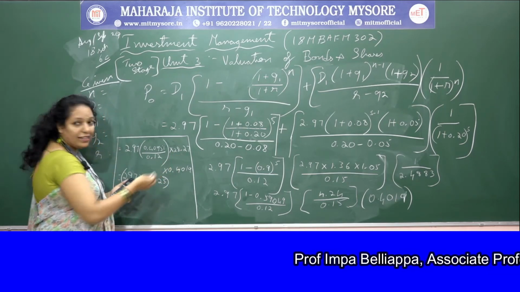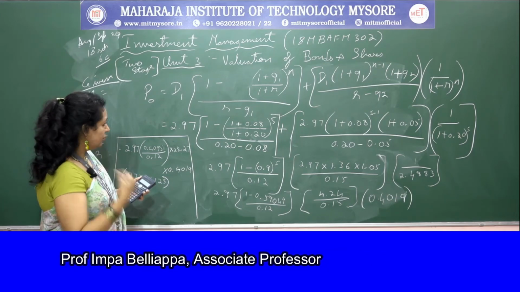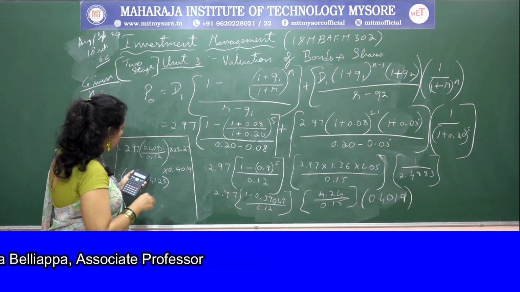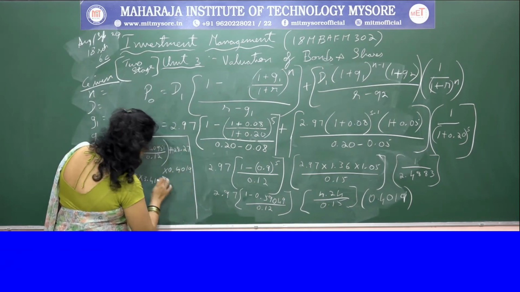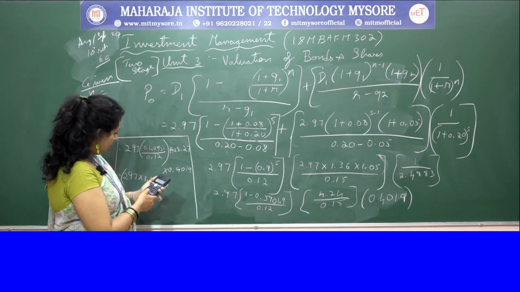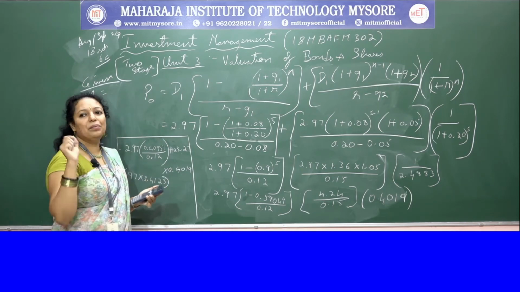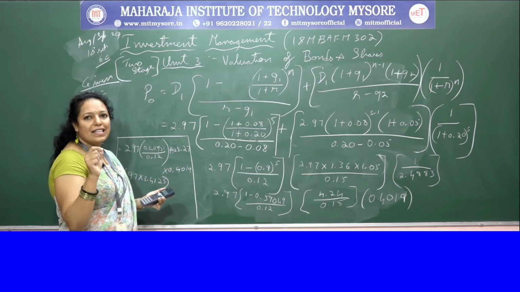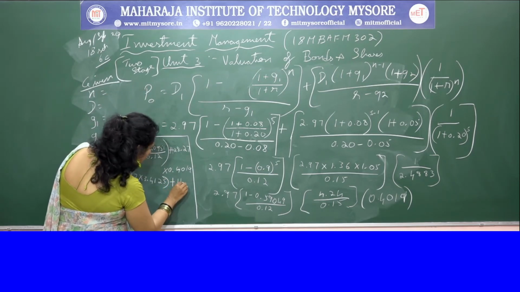And I'll just multiply these two. So, 28.27 into 0.4019. You get 11.36.